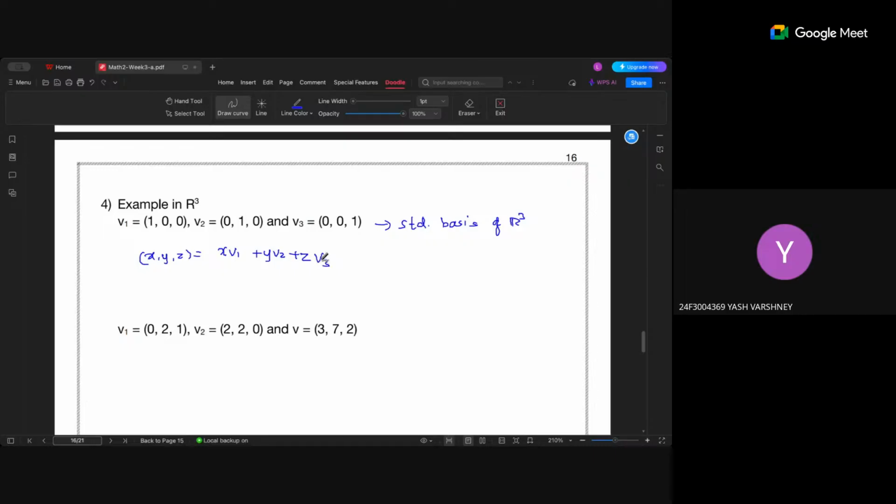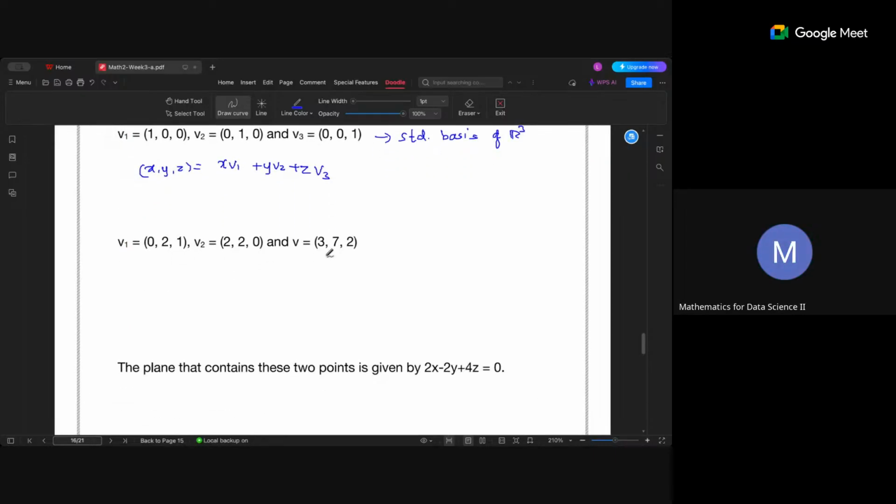Yes. Okay, now can you see whether v, (3, 7, 2), is a linear combination of v1 and v2? So you have 2 beta is equal to 3, and 2 alpha plus 2 beta equal to 7, and alpha equal to 2.